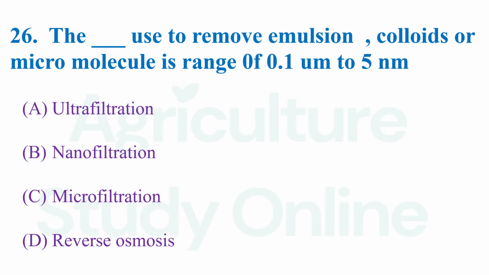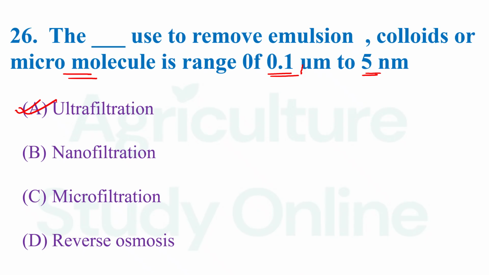Question number 26. The dash used to remove emulsions, colloids or macromolecules is in the range of 0.1 micrometer to 5 nanometer. So the correct option is A, that is ultrafiltration. The ultrafiltration size range is around 0.1 micrometer to 5 nanometer.